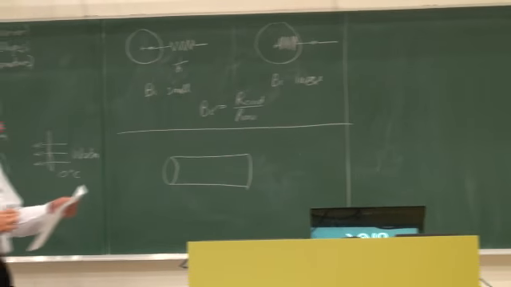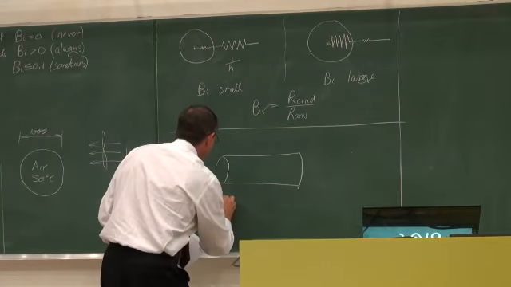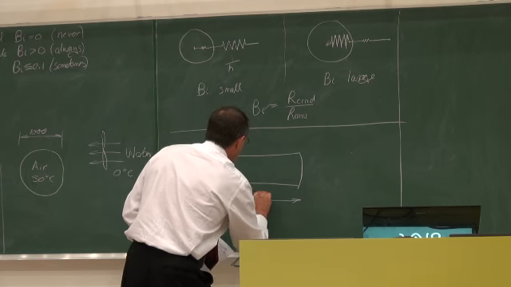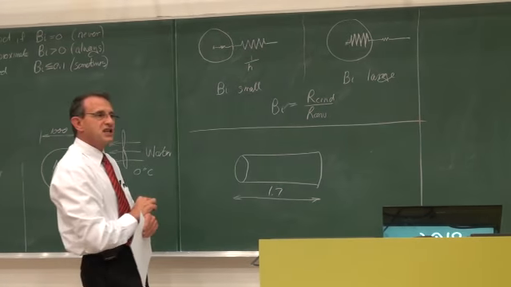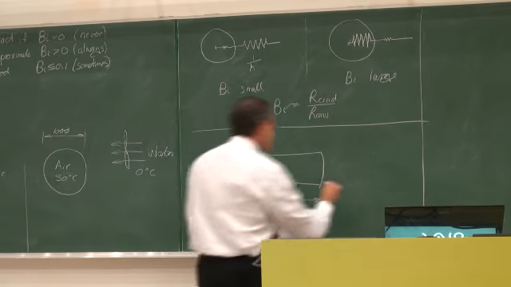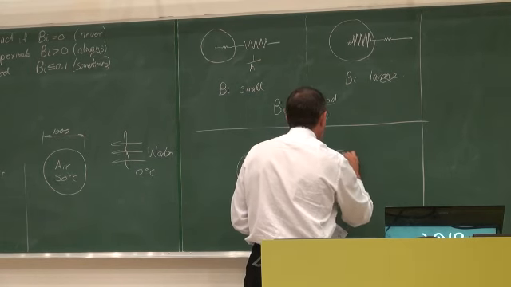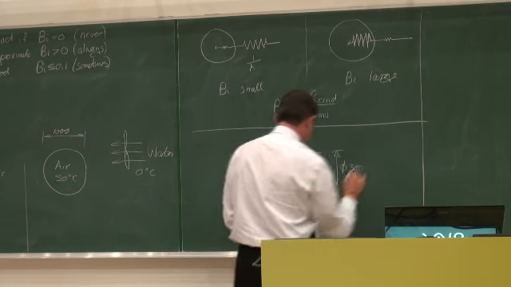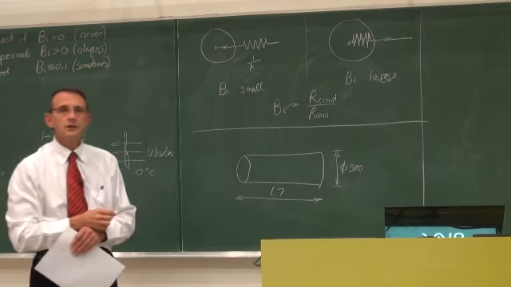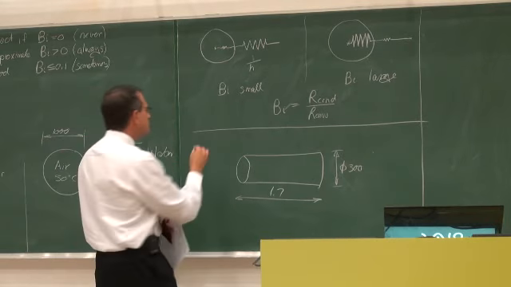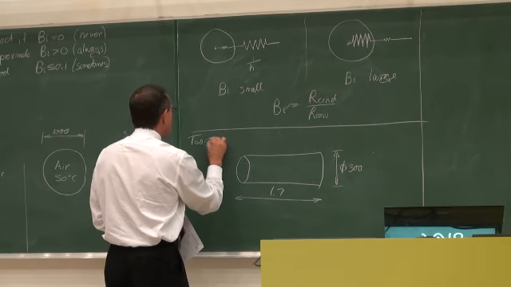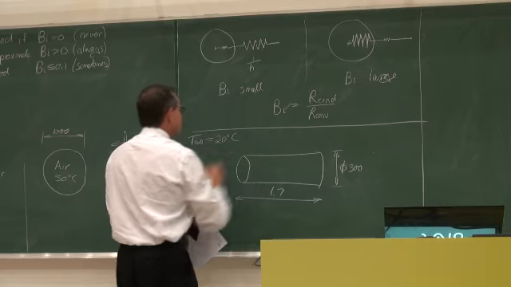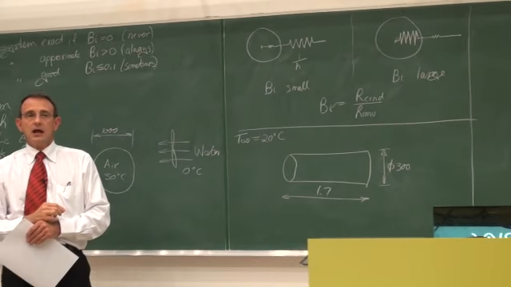So here's a cylinder. We say this person can be approximated as a 1.7 meter long cylinder with a diameter of 300 millimeters. The room temperature in which the person was found is 20 degrees Celsius.